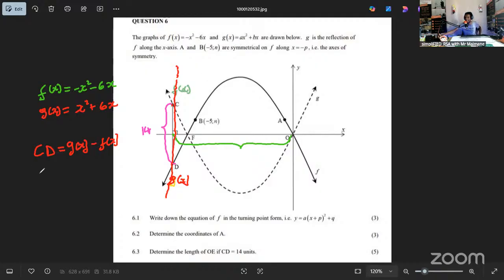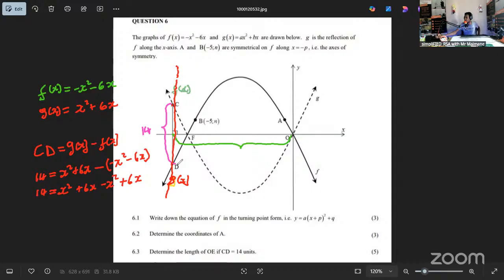So where CD is going to be 14, it is equal to g of x, x squared plus 6x, minus f of x, x squared minus 6x. And then you solve for x. We're going to have 14 is equal to x squared plus 6x minus x squared plus 6x.